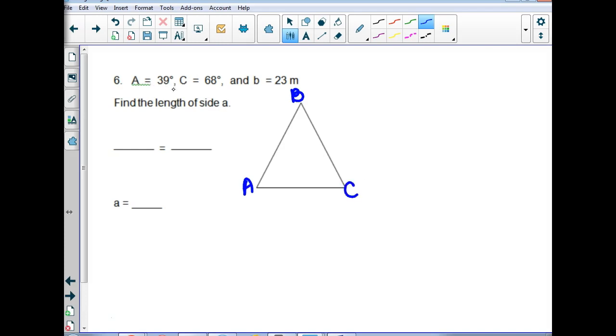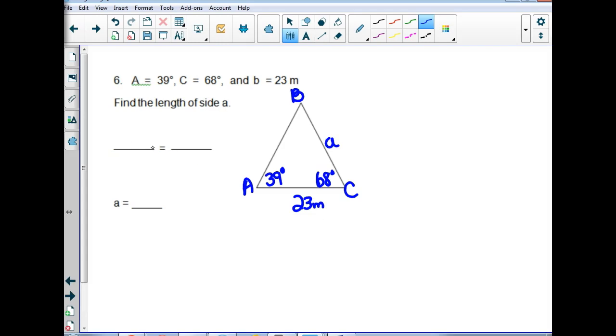And angle A is 39 in that corner. C is 68 degrees. B up there, that's little b, so that's side B, not angle, and it's also in meters, so it's a length. Then I was asked to find the length of side A.